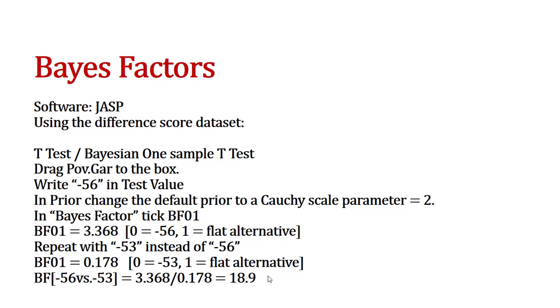That basically says that the model that predicted a minus 56 difference between poverty and gardening is 19 times better at predicting the data than the model that predicted a difference of minus 53. So that's our conclusion: the minus 56 model is a better model than minus 53. We've got some strong evidence in favor of that model relative to the other.